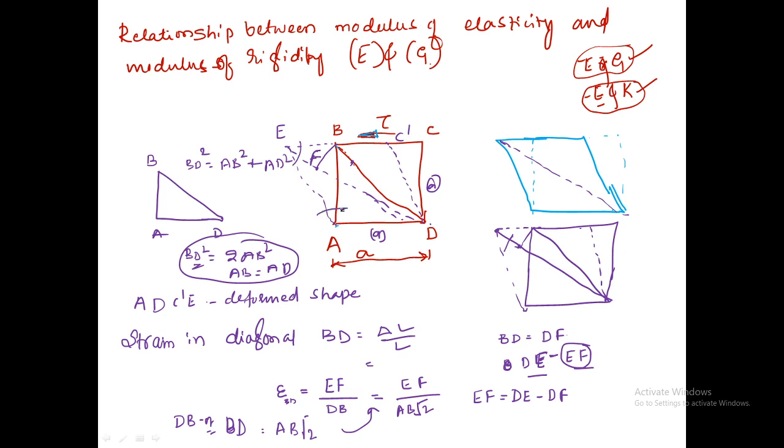Because of deformation you are going to get a shear strain here. We are going to get a gamma, or you can say it as phi. Let us go for it as phi. Now, considering the angle of deformation is very small, let us note the angle of the triangle BEF.